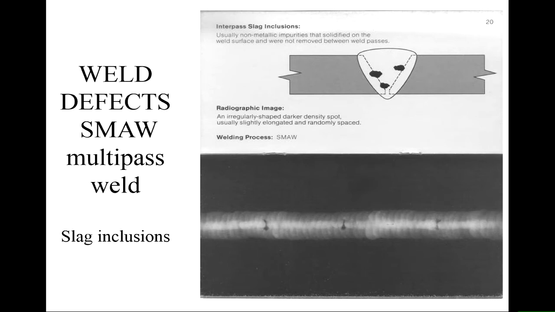With slag inclusions, one of the most common reasons is that it is not cleared between passes. Remember, the welder must clean very well all the remaining slag.